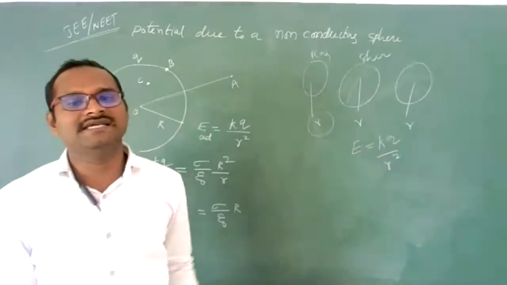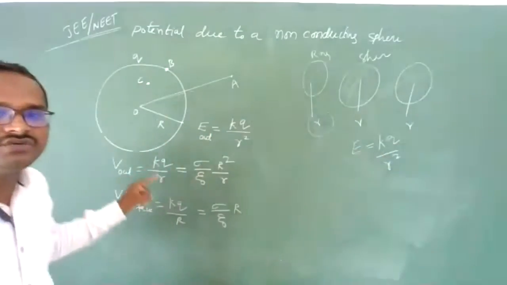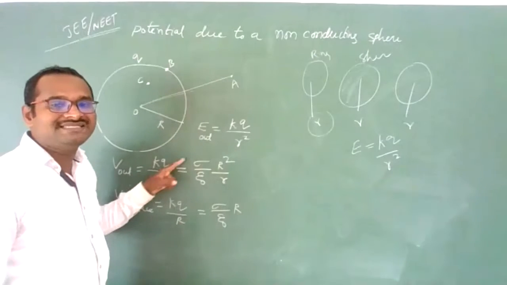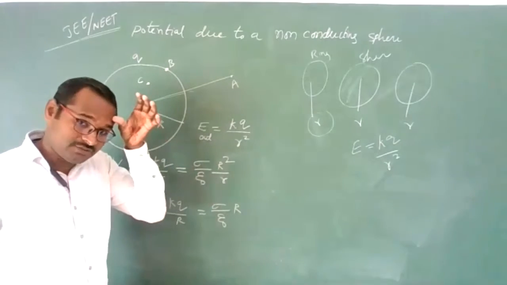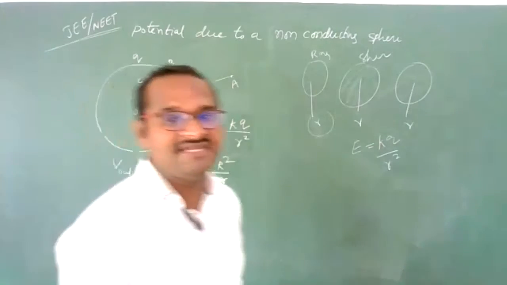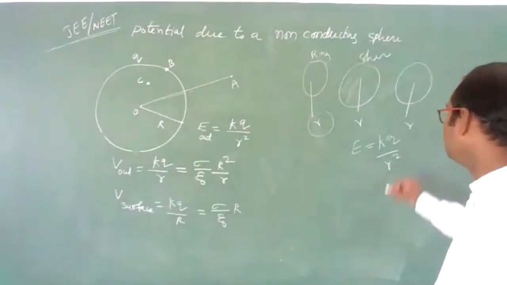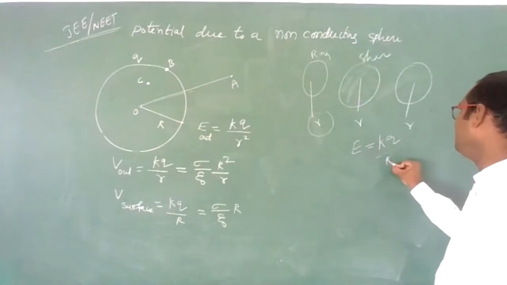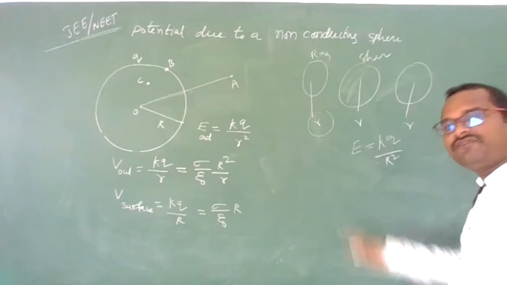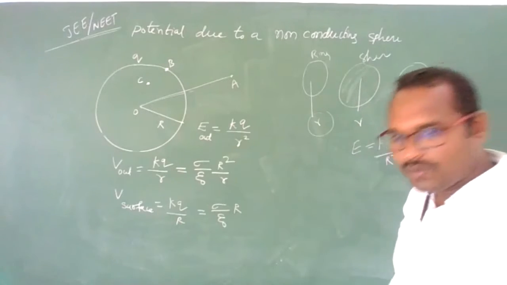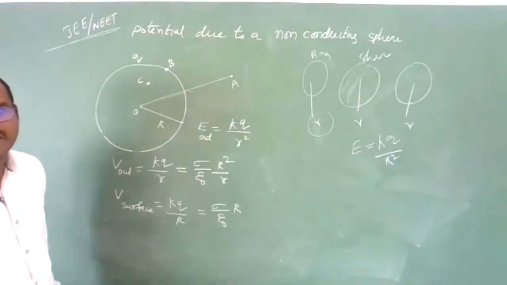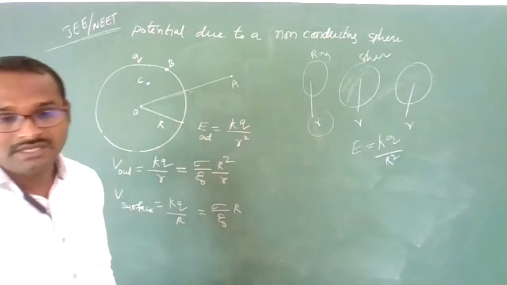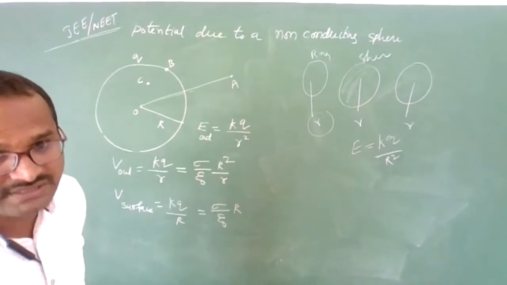If electric field is same, then potential is also same, equal to kq by small r, that is sigma by epsilon into capital R square by small r. Remember this point. On the surface also you will get the same electric field for all these three, so potential is also same: kq by capital R, sigma by epsilon naught into capital R. You must remember all these things.